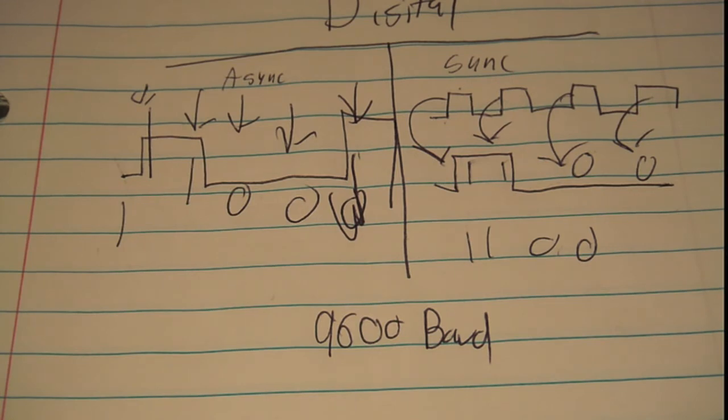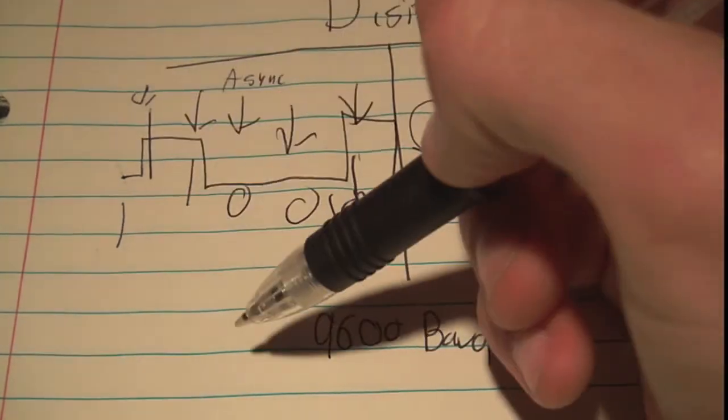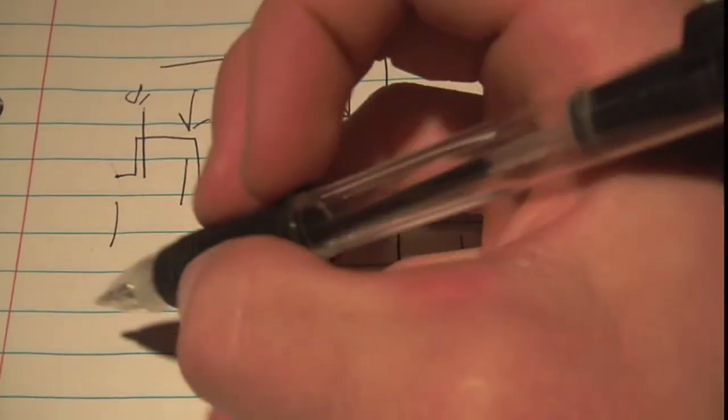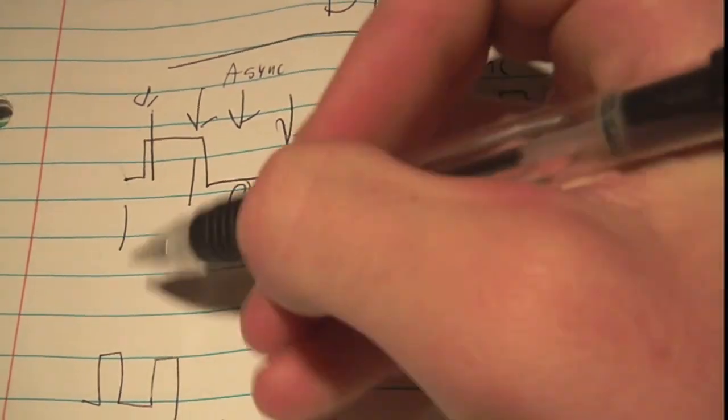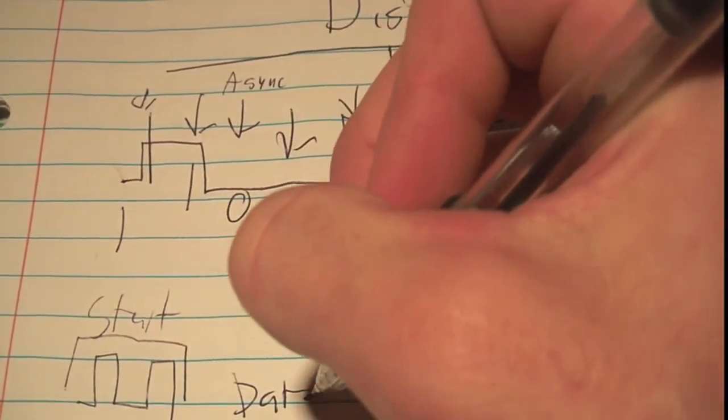So it can start checking, and then what usually happens is it has some sort of input signal to tell it when to start. So it's like, this tells it to start looking, so this is ignored. This is just sort of like start. Then you have the actual data.